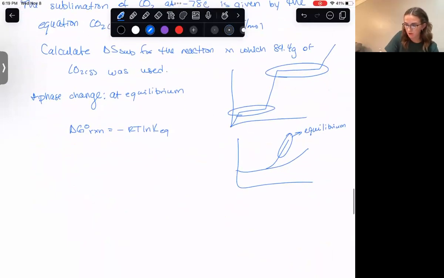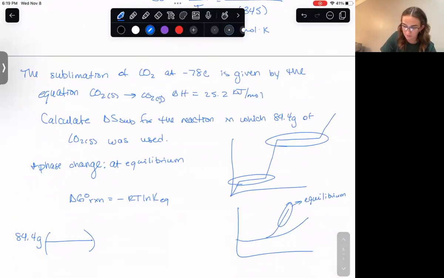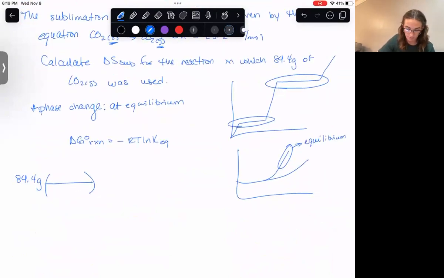Yep. So my thought here is that you have 84.4 grams. You need to convert this into the moles of the product, because you're going from solid to gas. So it's 12.01 plus 32 because you have CO2, 44.01 grams over 1 mole.